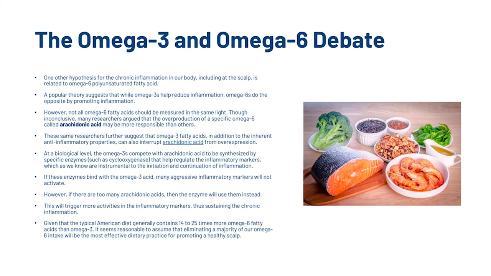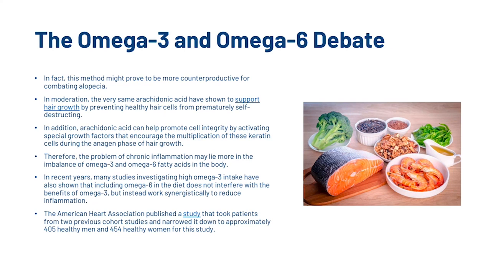Given that the typical American diet generally contains 14 to 25 times more omega-6 fatty acids than the omega-3, it seems reasonable to assume that eliminating a majority of our omega-6 intake will be the most effective dietary practice for promoting a healthy scalp. In fact, this method might prove to be more counterproductive for combating alopecia.